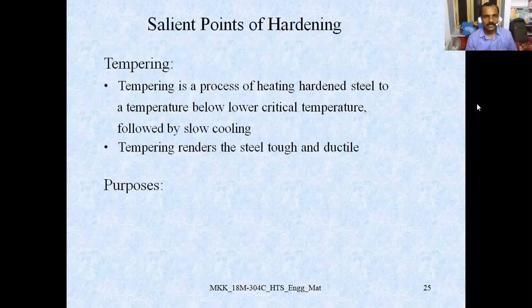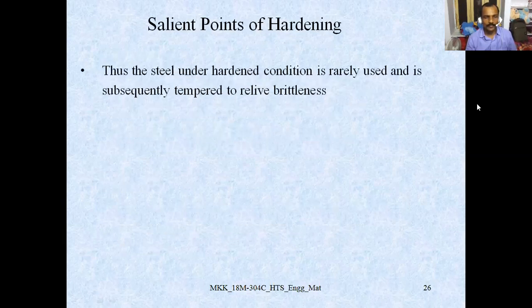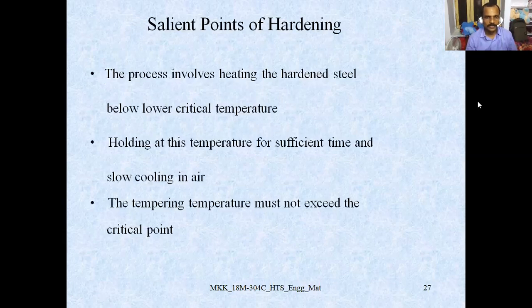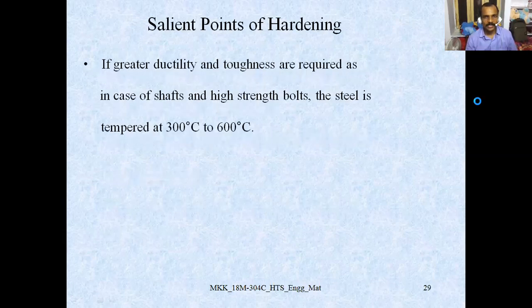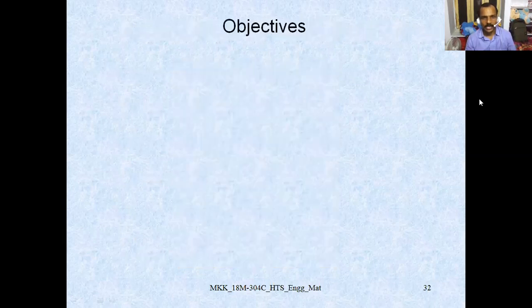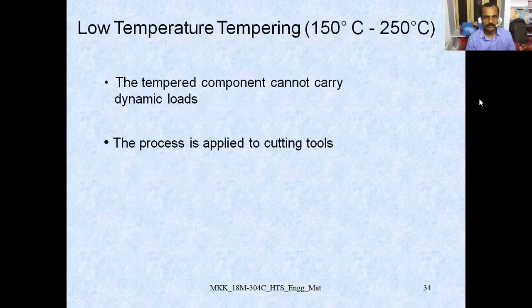Next we entered into tempering and its purposes, and why tempering is required after hardening. Next we moved on to the change of structure due to hardening and tempering, and the different tempering processes like low temperature, medium temperature and high temperature tempering in detail.